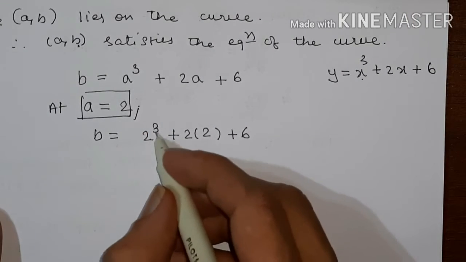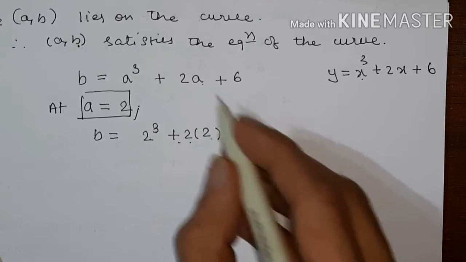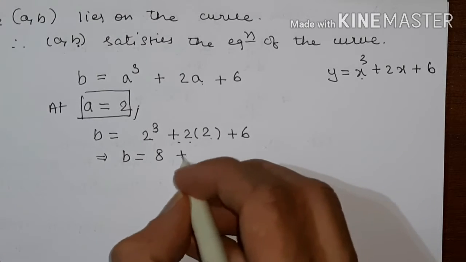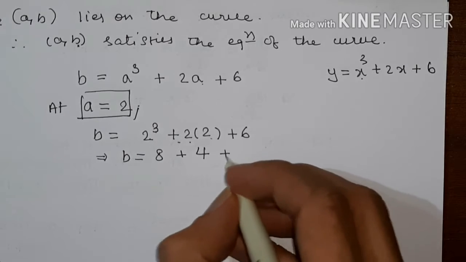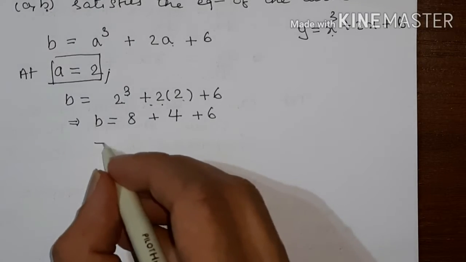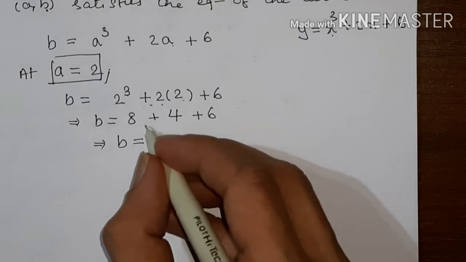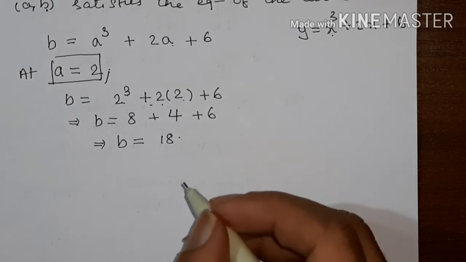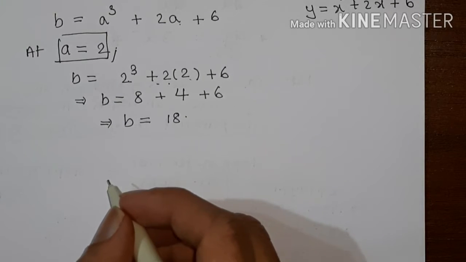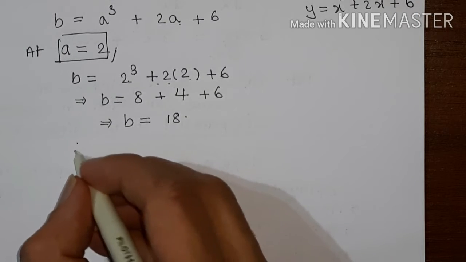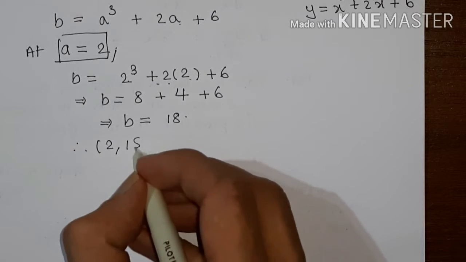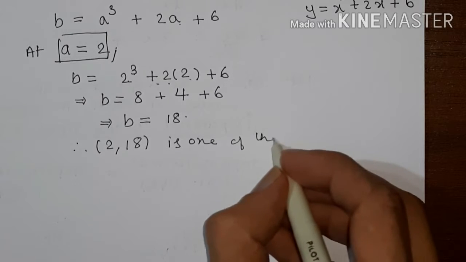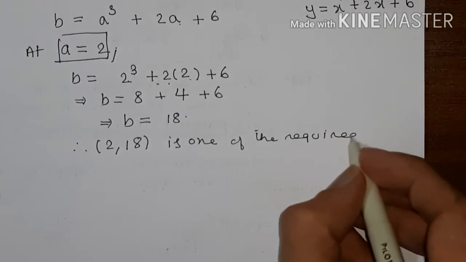So b is equal to what? 2³ + 2 times 2 + 6. So b = 8 + 4 + 6. That means b is 8 plus 4 is 12, plus 6 is 18, right? So what is the point I'm getting? Therefore (2, 18) is one of the required points.